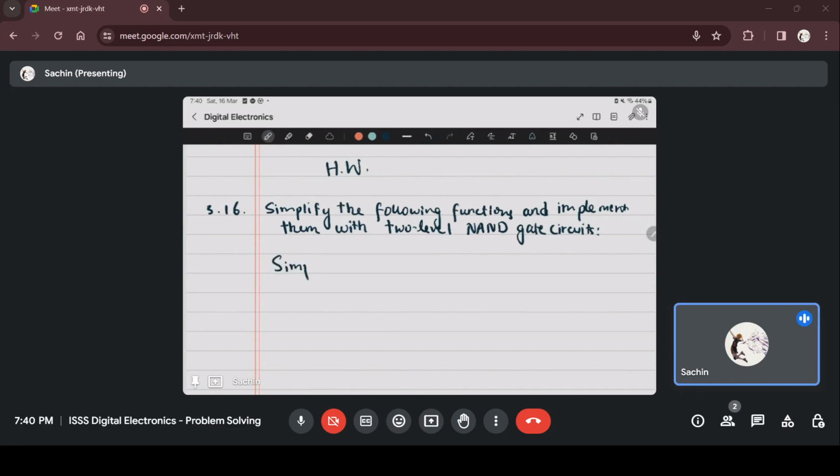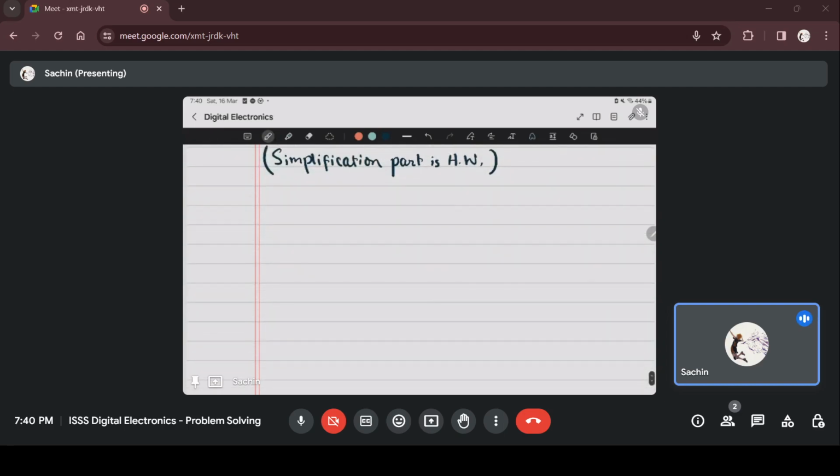So the simplification part is homework. I will not do the simplification, but I will do the NAND implementation.